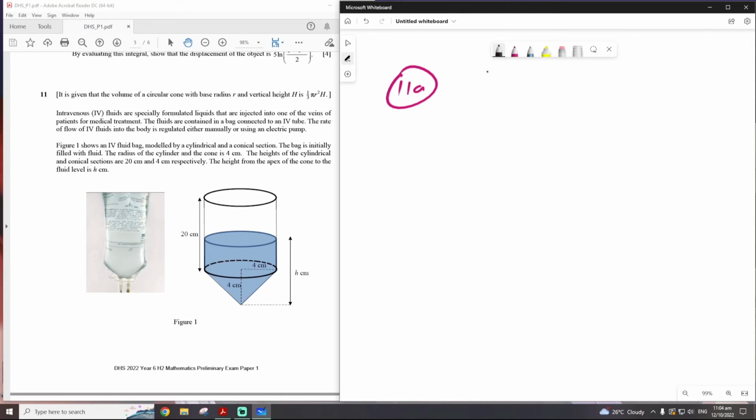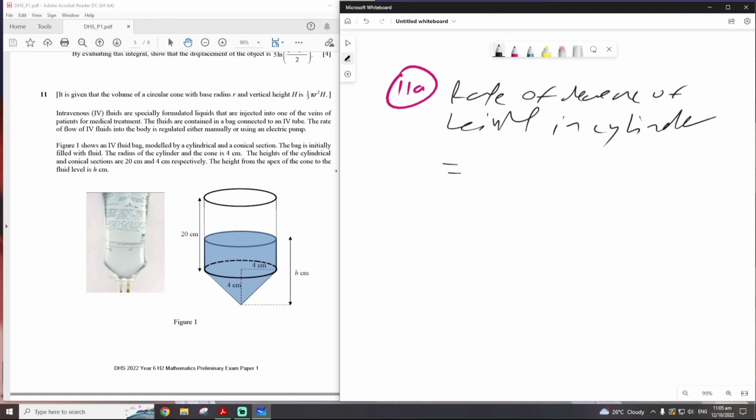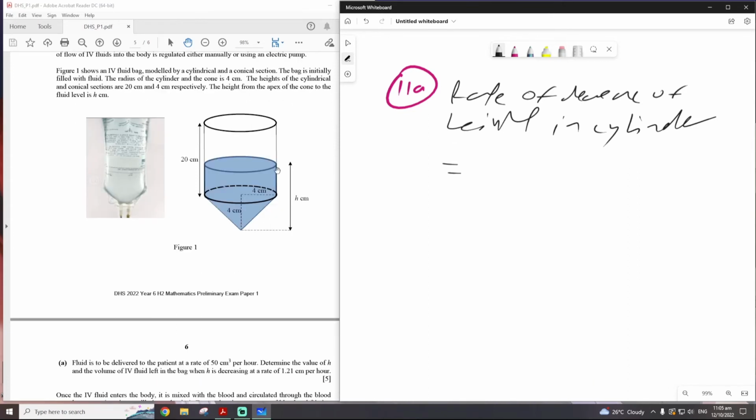So what is the rate of decrease in the cylinder? The cylinder has a constant surface area, right? So the height decrease will also be constant. The rate of decrease of height in the cylinder will be the rate of decrease in volume, which is flowing out at 50.